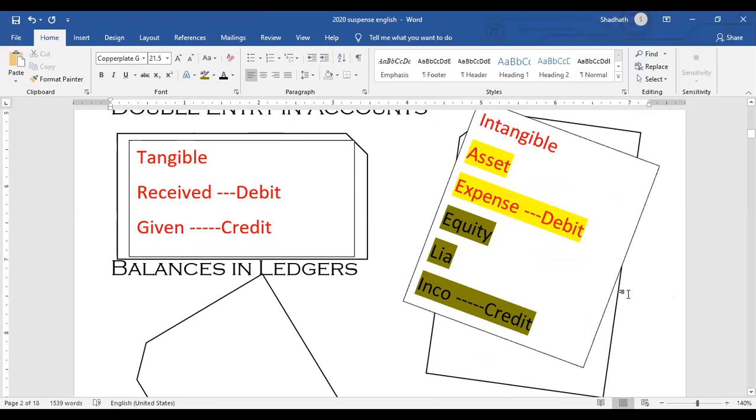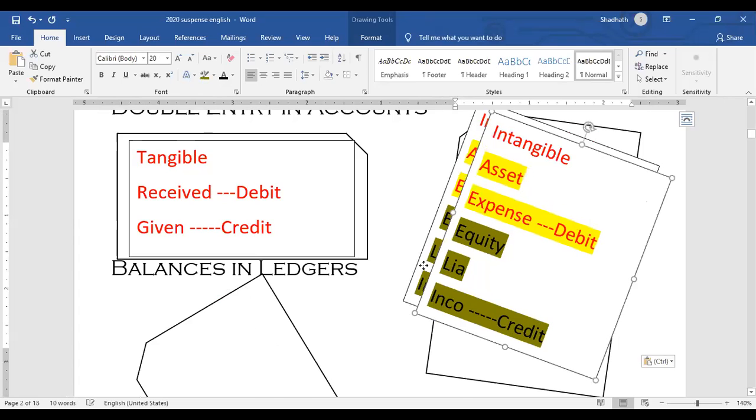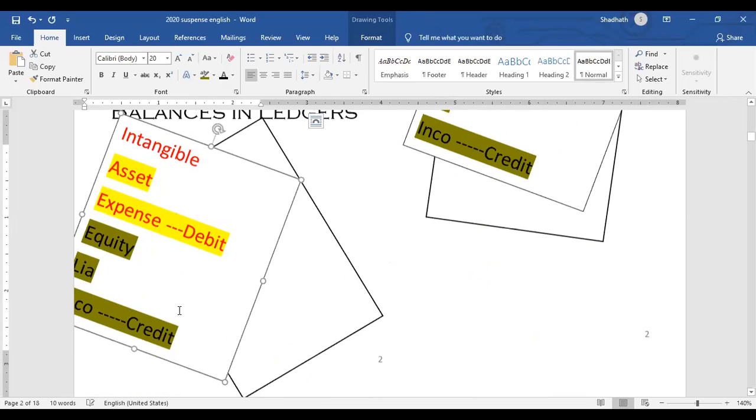Okay. Balances in ledgers also, what? Same rule. For balances also we write the same rule.